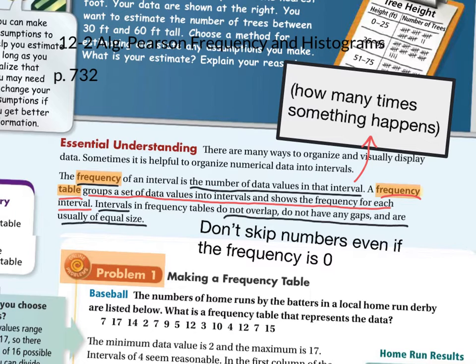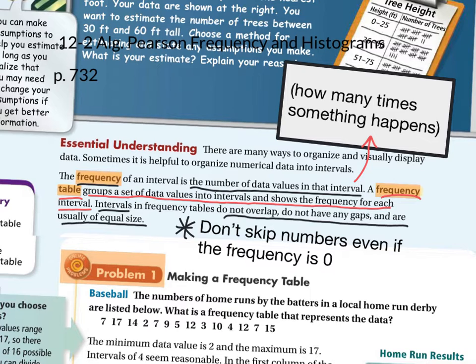On a frequency table, the intervals don't overlap, don't have any gaps, and are usually equal size. One thing to keep in mind when you do frequency tables is we are not going to skip numbers even if the frequency is 0. Even if there's no numbers that happen in an interval, we're not going to skip that interval.